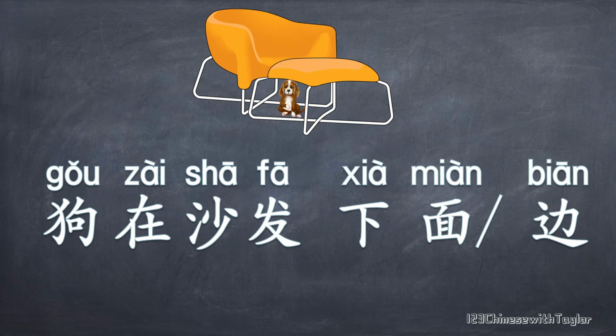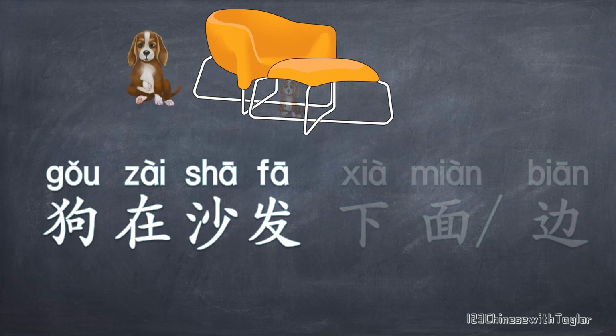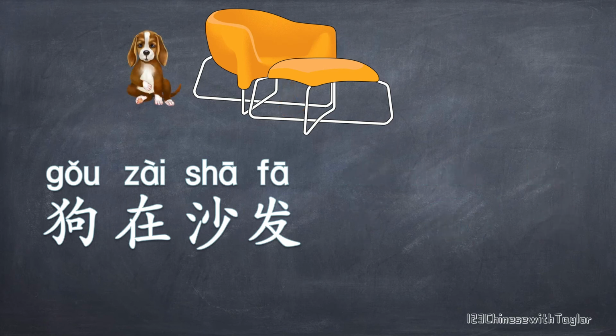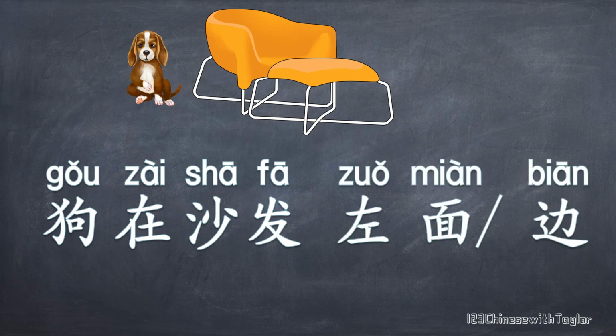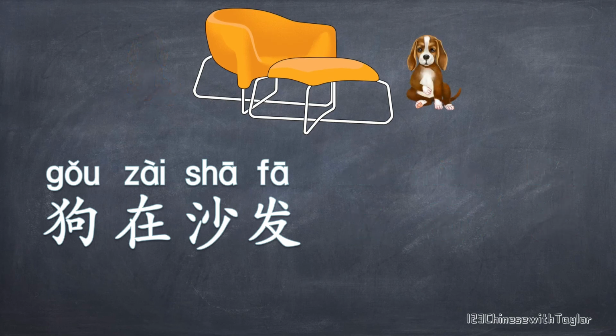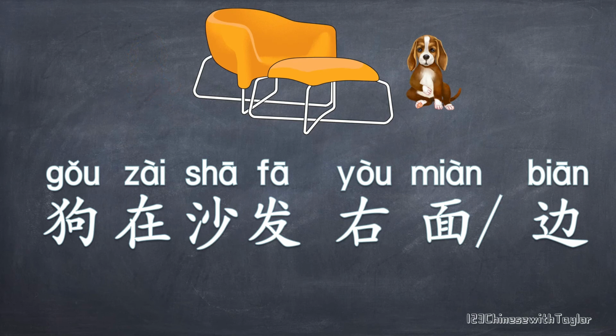Very good. Now the dog has moved to the left side of the sofa. So we can say 狗在沙发左面，狗在沙发左边. Very good. Now the dog is on the right side, and right side is 右面, like 右, 右面 or 右边.